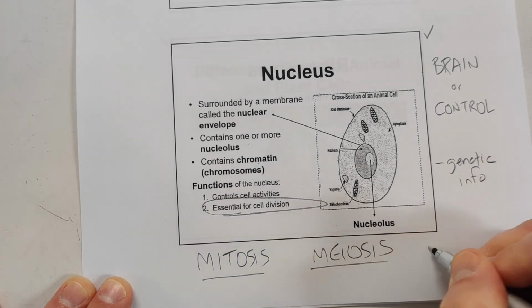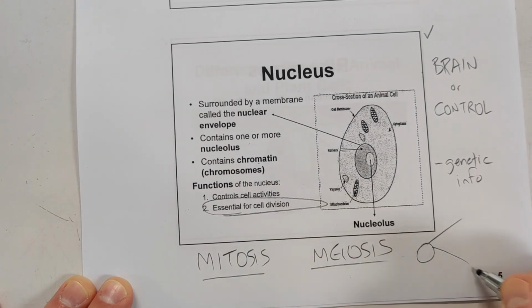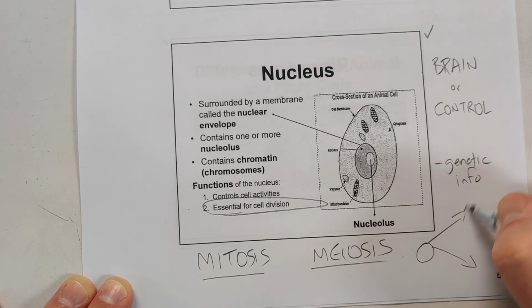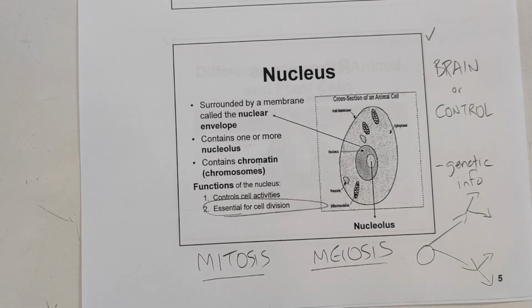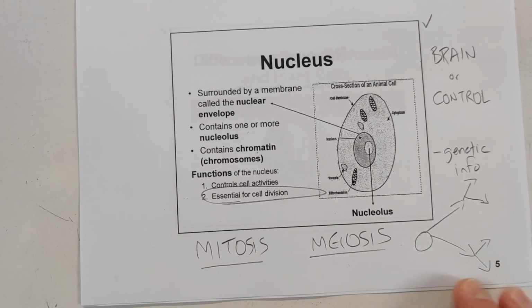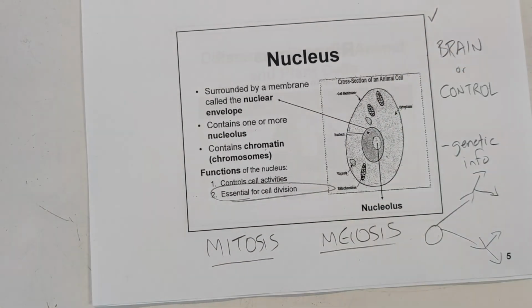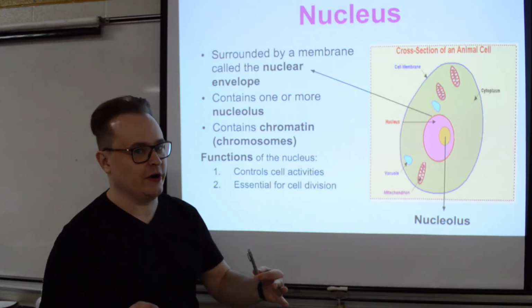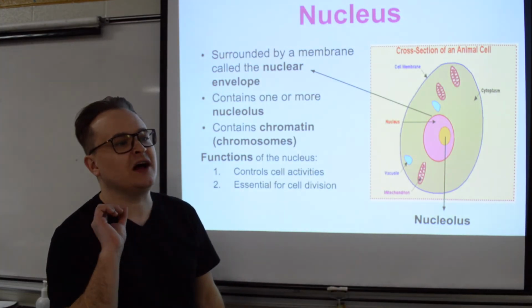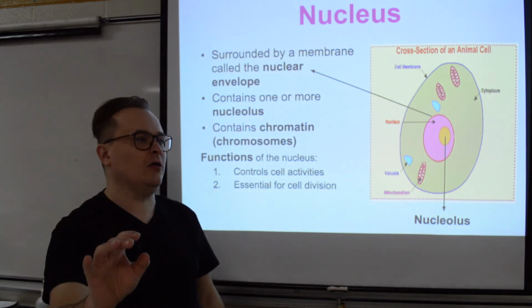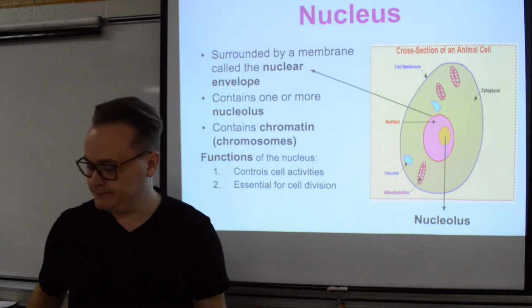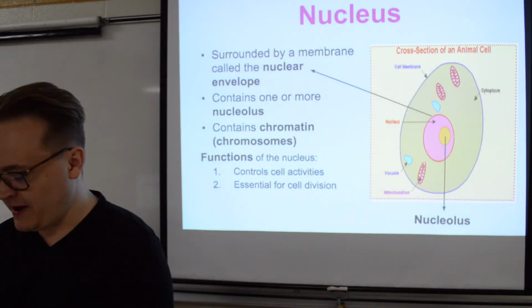Those are two ways that one cell splits up to become 2 or even 4. But all of that division happens inside the nucleus. So that's why the nucleus is very important. When we talk about mitosis and meiosis in a few days, the nucleus is going to be where all of the action is happening. All right, we can flip the page now.